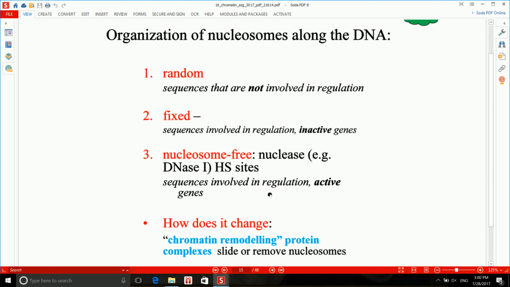But one of the main things that controls this distribution of nucleosomes is this: if, for example, in a certain tissue, specific types of cell want to turn on a specific sequence of DNA, how does the cell get rid of nucleosomes on that site in order to make it accessible?